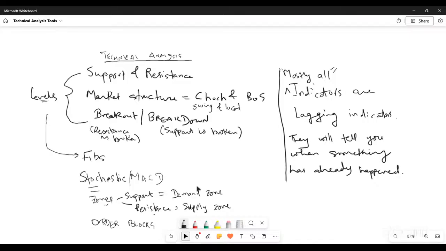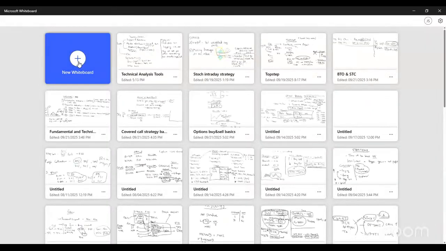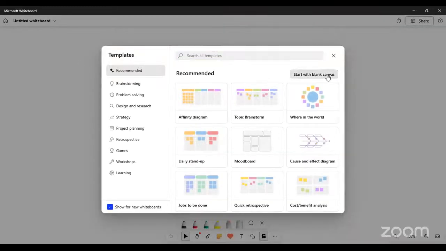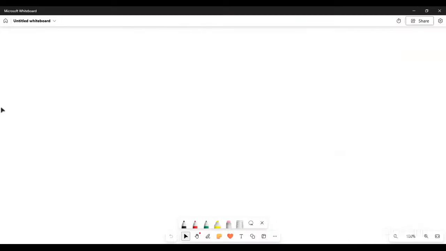VWAP, I also use. So I think I need to put another slide out here. There's swing trading, and then there's intraday trading, and your indicators and tools are going to switch a little bit depending on what kind of trader you are.